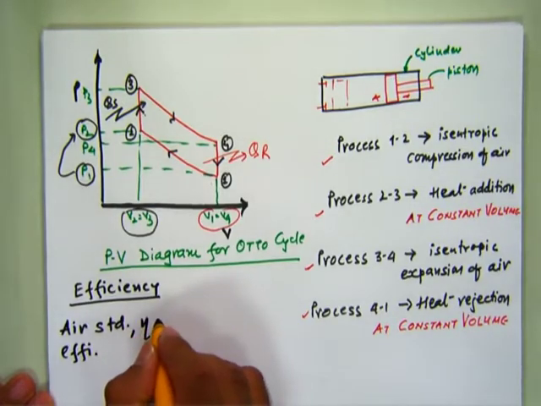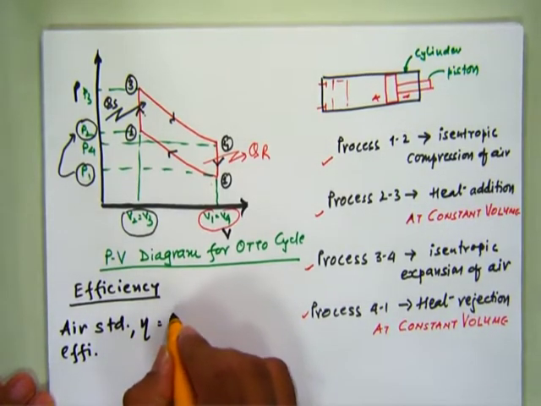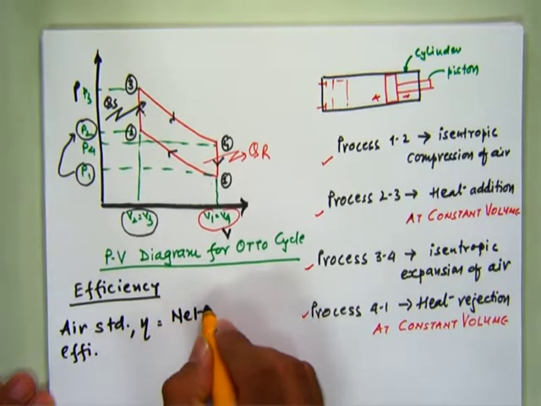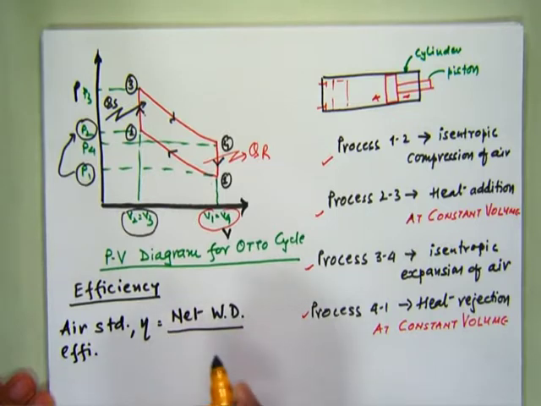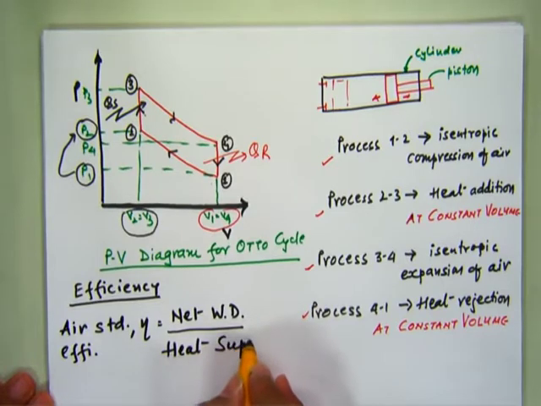Eta is equal to net work done upon heat supplied or heat added.